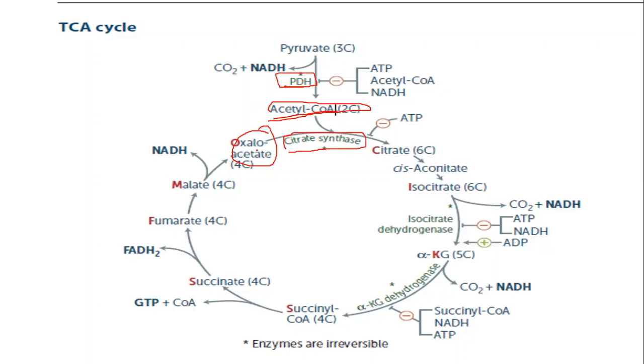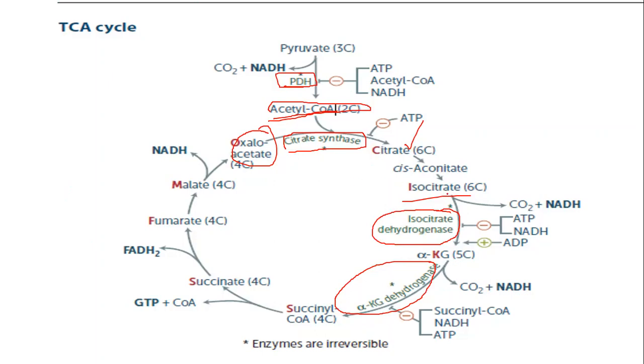Then this citrate is isomerized into isocitrate, and I'm going to encircle all the enzymes which are very high yield. So isocitrate dehydrogenase, alpha ketoglutarate dehydrogenase, and yeah, these enzymes are irreversible, and you need to remember them.